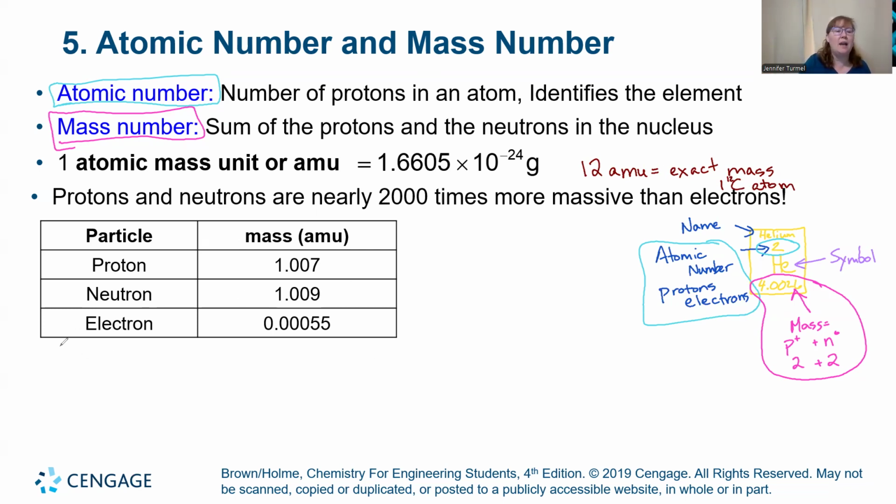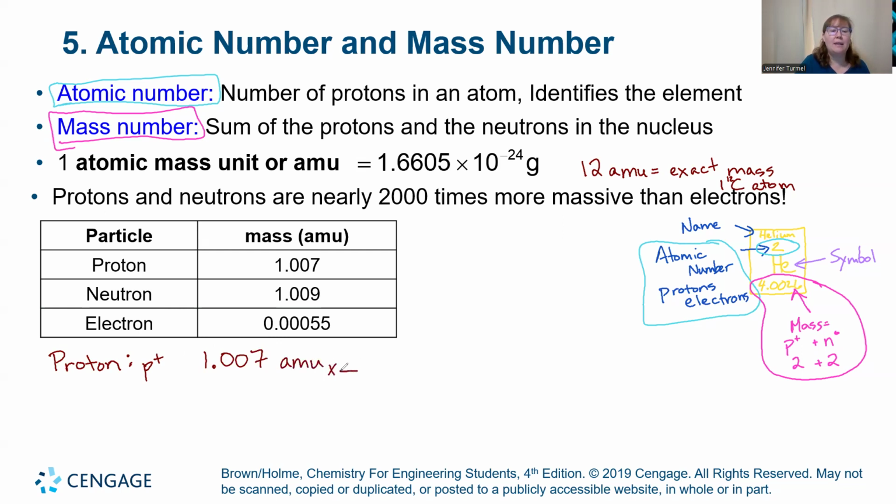So how much does each one of these have? So for our proton, sometimes we abbreviate a proton as P plus, and it's listed as having a mass of 1.007 AMUs.